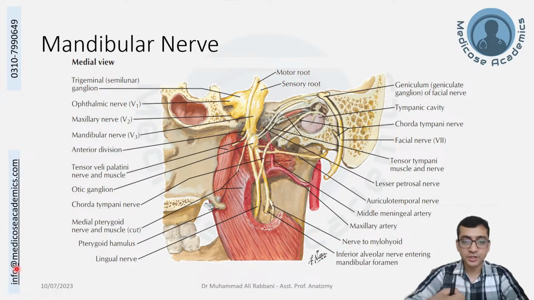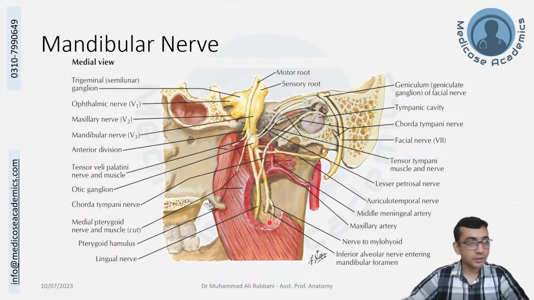Then we talked about the posterior division, that was majorly sensory, having the auriculotemporal nerve going back and above to the front of the ear to supply the parotid, temporomandibular joint, and the temporal region. The inferior alveolar nerve goes down into the mandibular canal, supplying all of the lower teeth, and giving out this mental nerve. But before going so, it was giving out a motor nerve, the mylohyoid nerve, that is shown here.